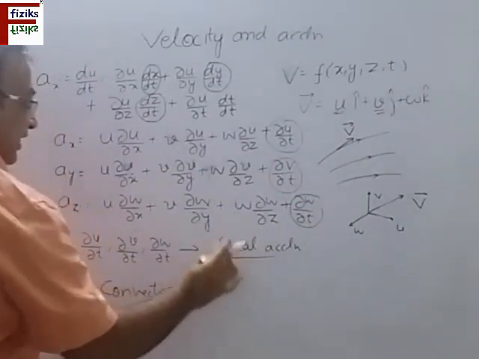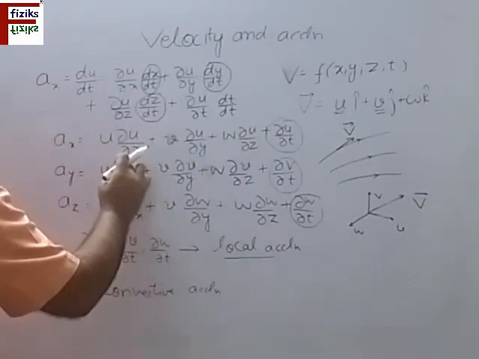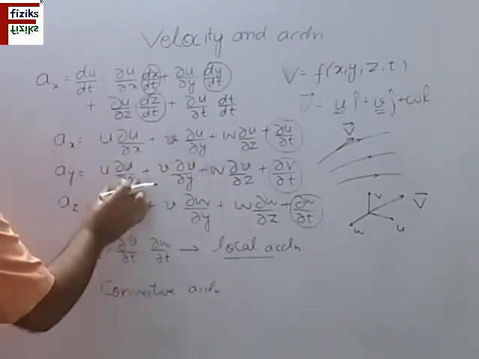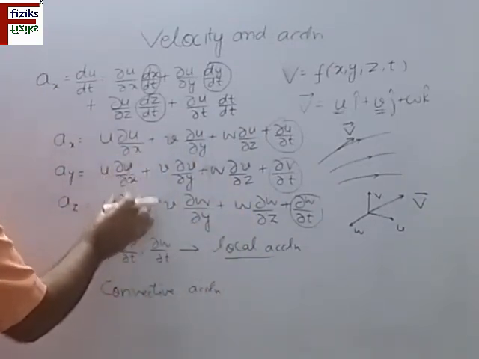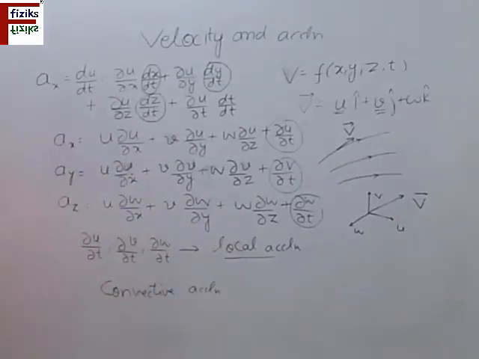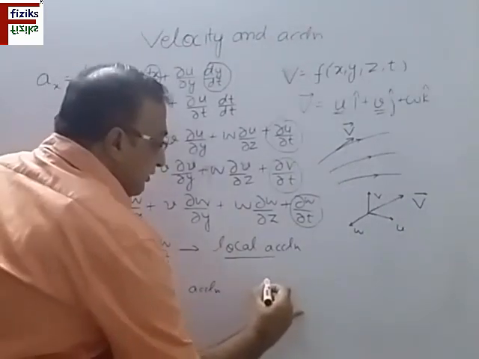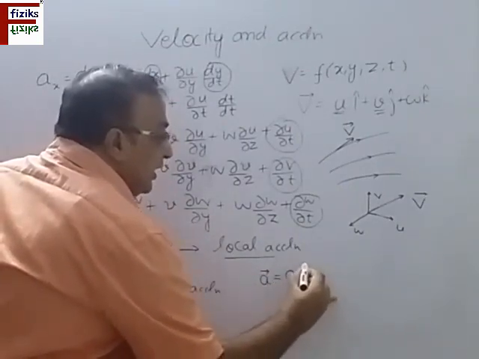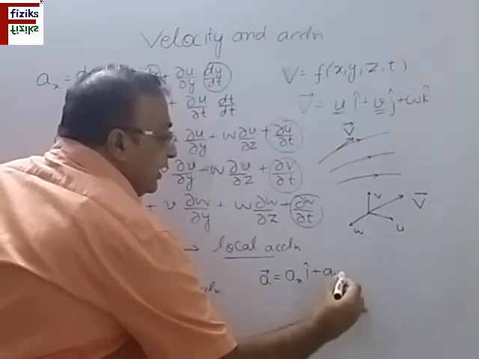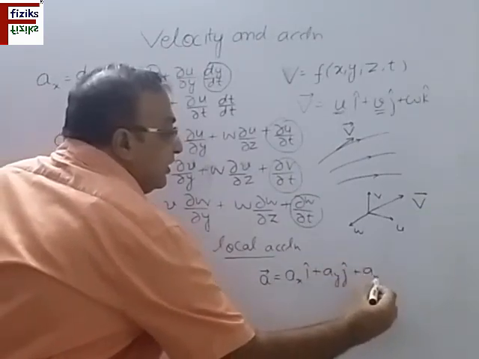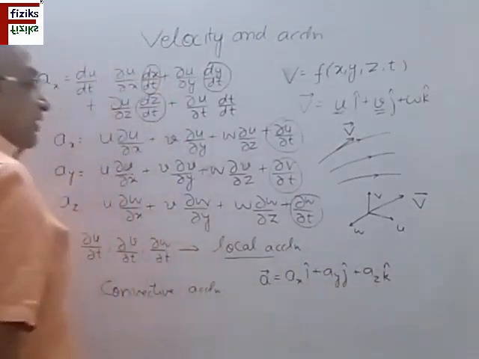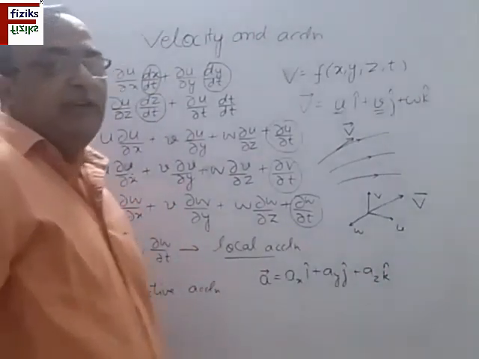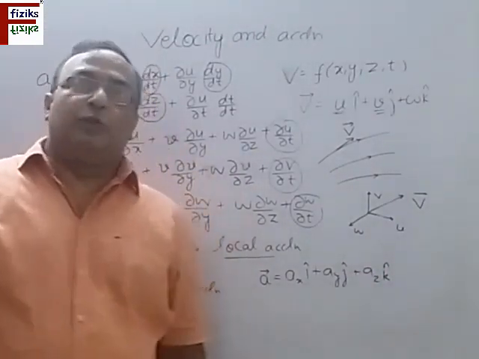Whereas the other terms, which show the change in velocity with respect to space, are called the convective acceleration. And the total acceleration is given by A is AXI plus AYJ plus AZK. So this is how we can write the expression for acceleration of a flowing fluid.